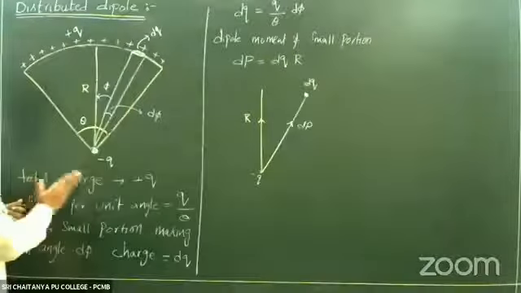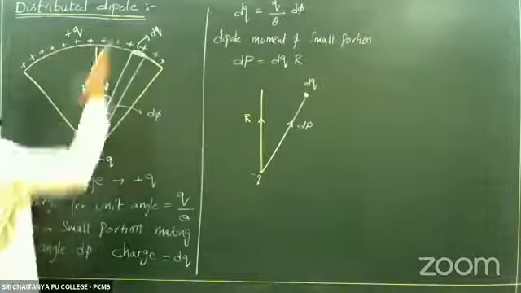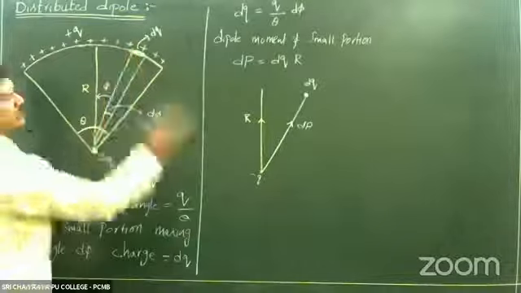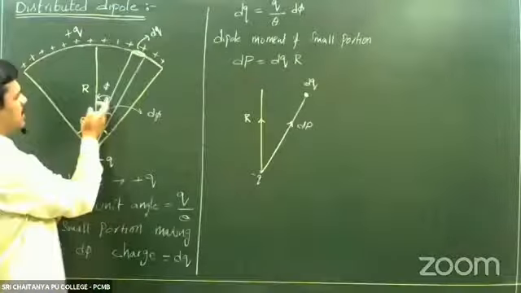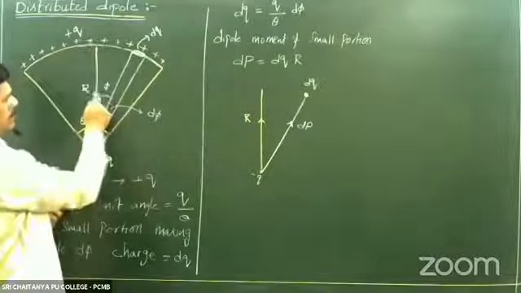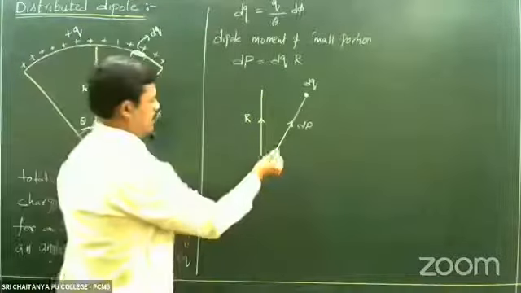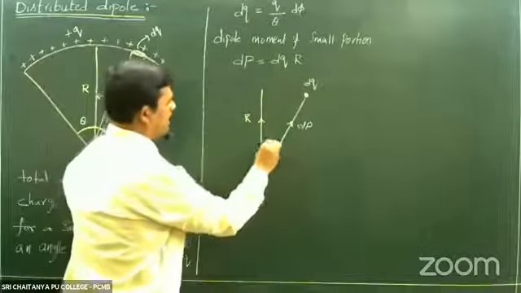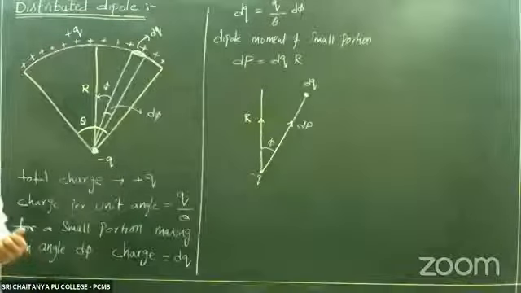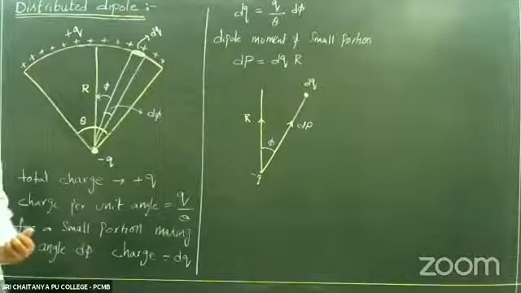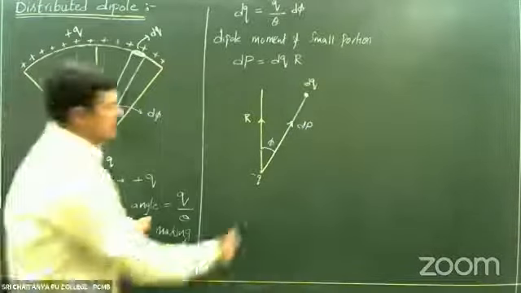What is the direction? We know the direction is from negative charge to positive charge. It is in this direction. So like this. Okay. How much angle is it making with the bisector? Phi. So it is making an angle phi with the bisector. Right? So resolve it into two components.